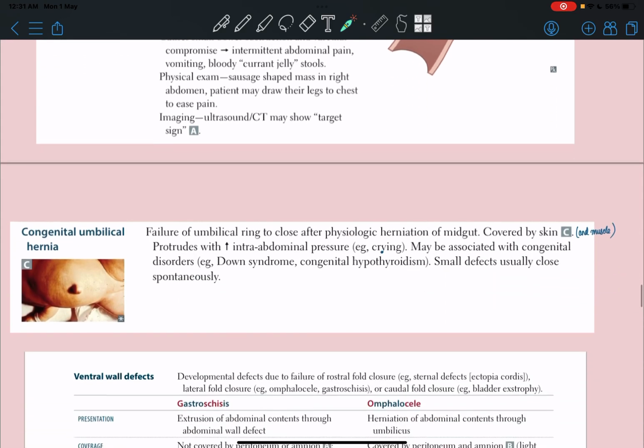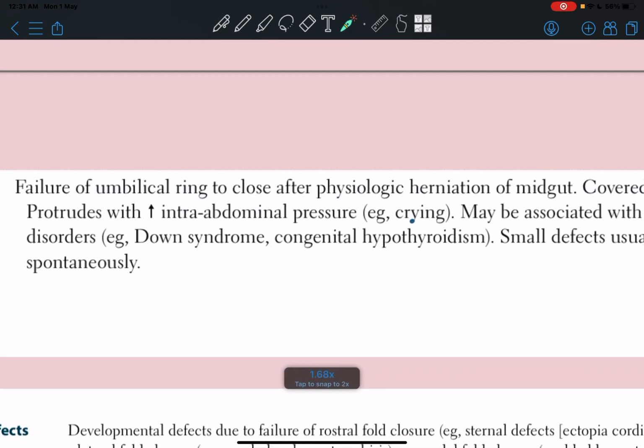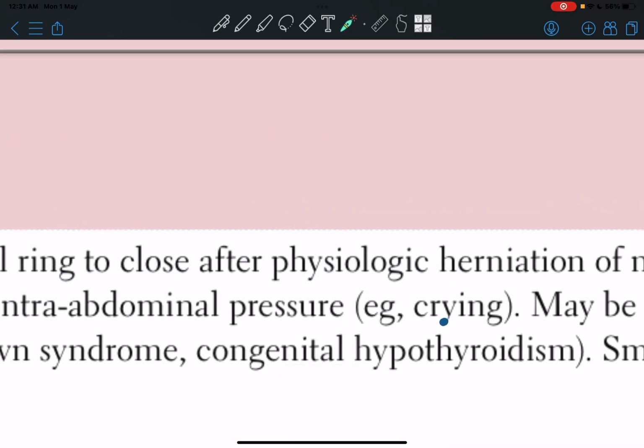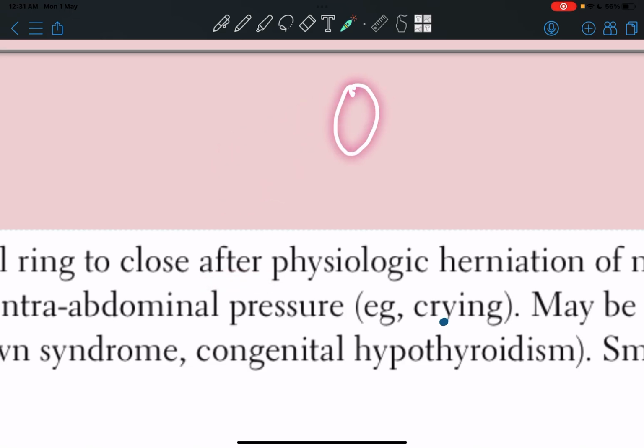Next we come to congenital umbilical hernia. So if you remember the normal embryology, the midgut loop physiologically herniates during its rotation. That means it comes outside of the abdominal cavity. Eventually it goes inside. But in congenital umbilical hernia, this ring, it's normally supposed to close, but it fails to close.